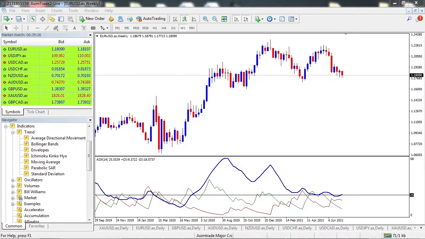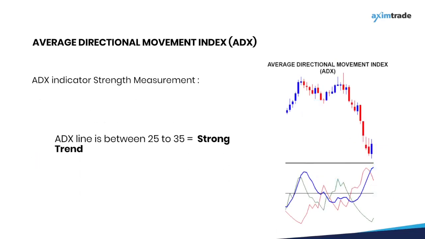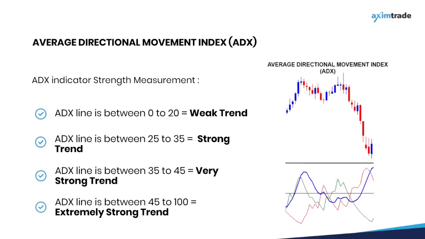Now let's look at how to use the ADX indicator in trading. In this ADX indicator, there are three main lines. The blue one is the ADX line. The positive DI line is in green color, and the negative DI line is in red color. The ADX indicator has a range of 0 to 100, where 0 denotes the weakest trend and 100 is the strongest trend.